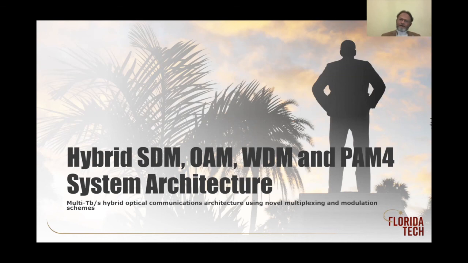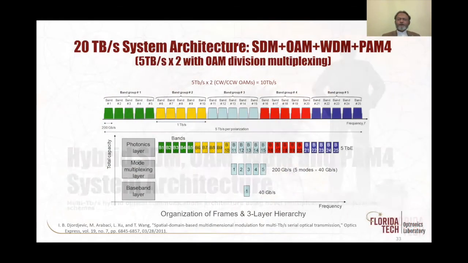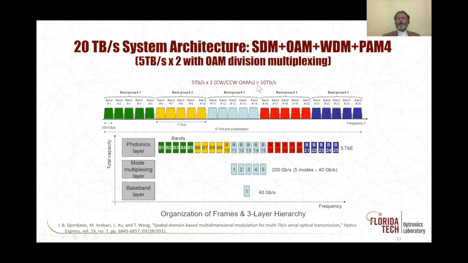Now I'm going to present a vision for a hybrid SDM architecture that combines SDM, OAM, WDM, and PAM4. If you have 40 Gbps baseband, take 5 SDM channels, go to the photonic layer, you get 5 terabits per second. On top of that, take OAM, you get 10 terabits per second. And on top of OAM, if I add PAM4, I get 20 terabits per second.